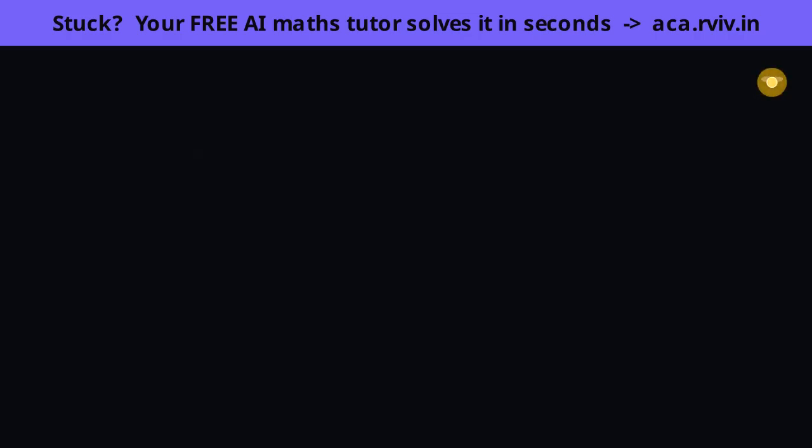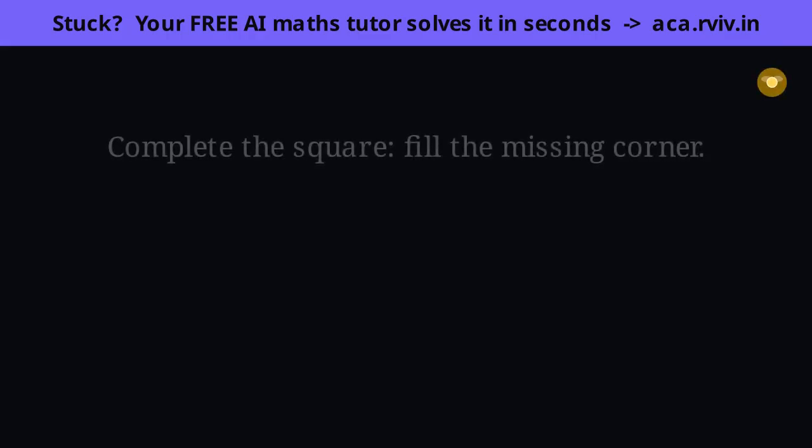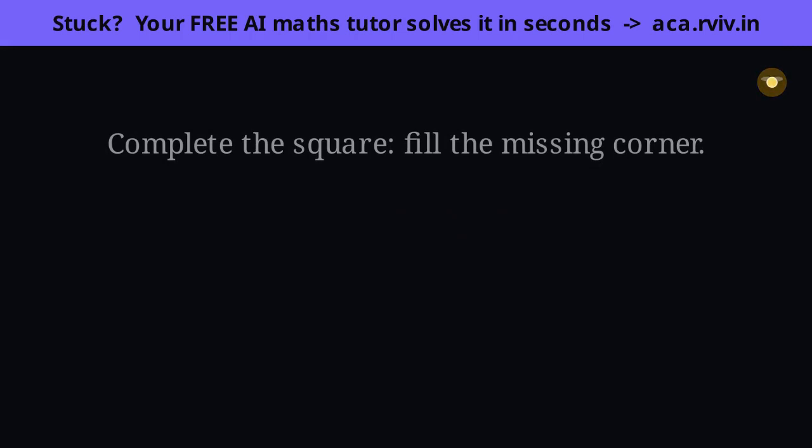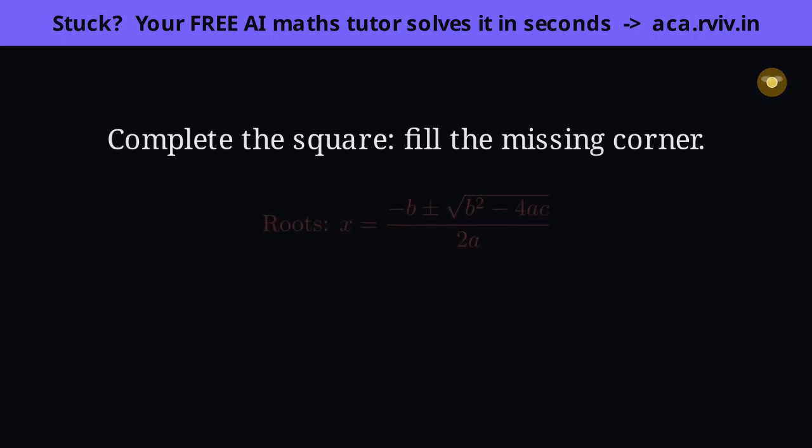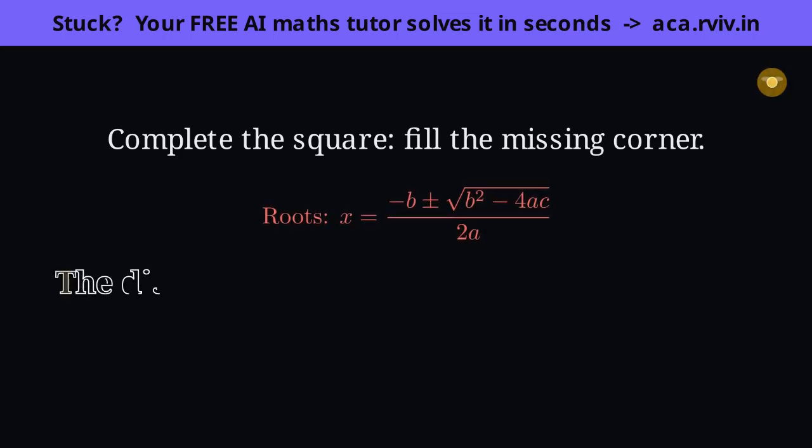And that's the entire chapter braided into one idea. Completing the square is nothing more than filling a missing corner to make a real square. That's where it begins. Run that exact same move on the general equation and it doesn't just solve one problem. It hands you the quadratic formula for every problem, so the formula is learned, not memorized.